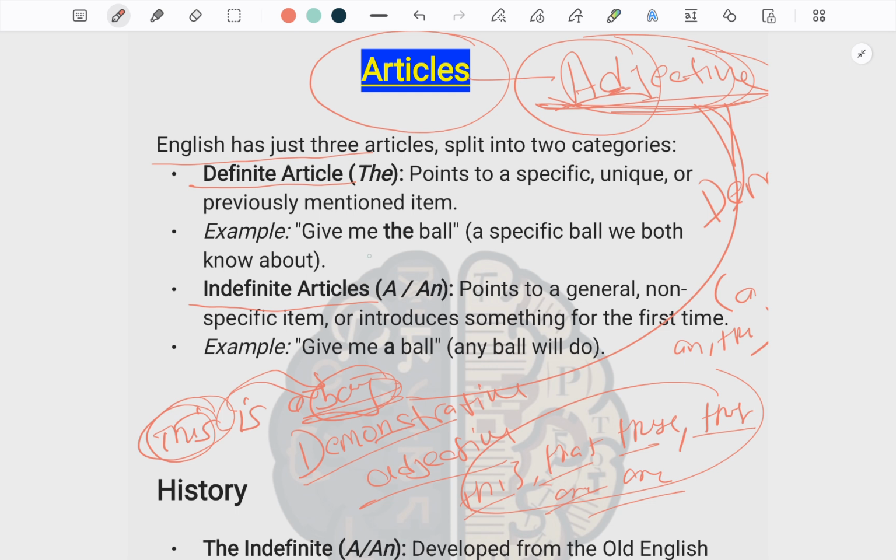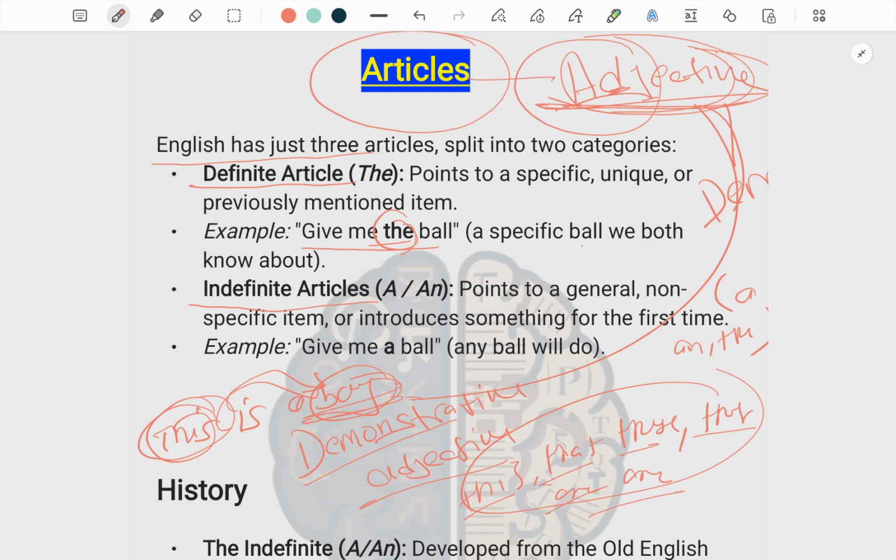Example, if I say give me the ball, here the word the is indicating that you have a ball and the position of the ball is fixed in your hand. So here we can use the, and the use of the article is right. A specific ball we both know about.